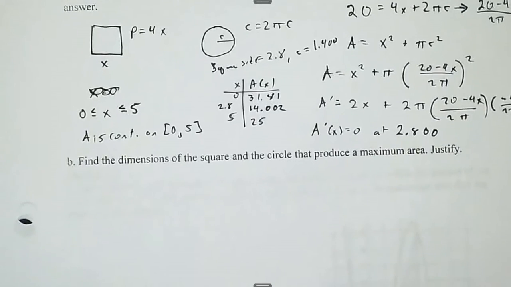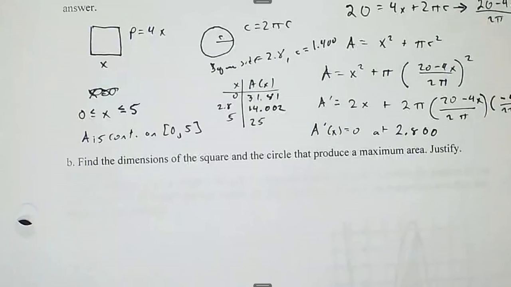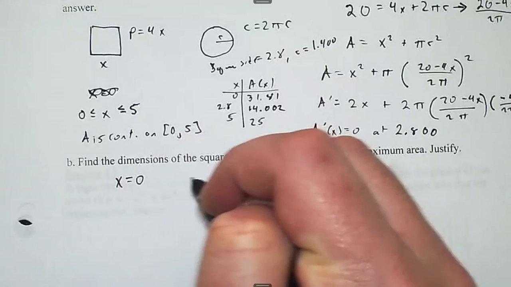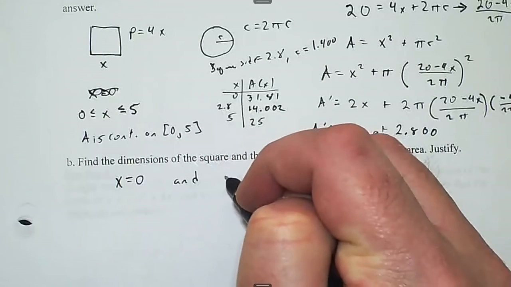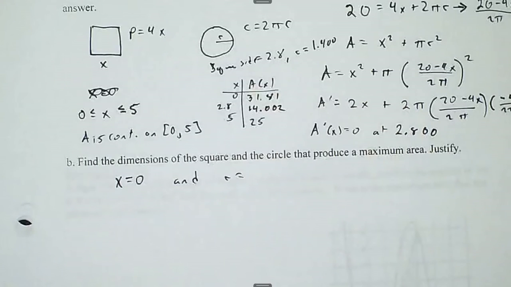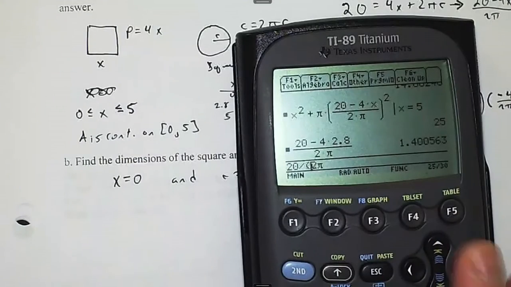Find the dimensions of the square and the circle that produce a maximum area. Well, we can see that that's when x equals 0. And r is going to be the full 20 divided by 2 pi. Again, make sure you put it in parentheses like so.